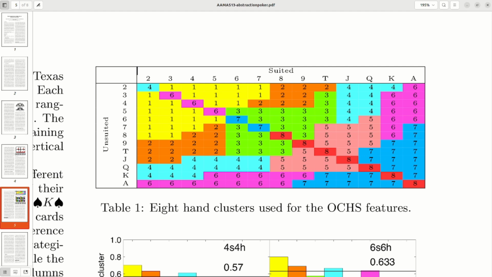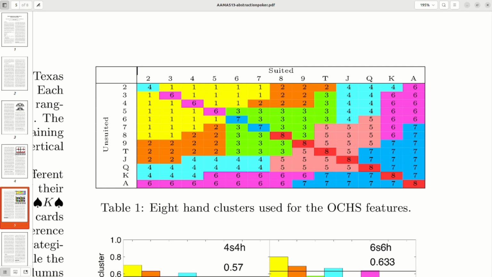It'll group 3 of a kind with a low flush, so your worst flush and your best 3 of a kind will get mixed together. But if you do it this way, you guarantee that they're going to end up in different clusters, because the distribution is going to be different on how they do versus the different groupings of hands.